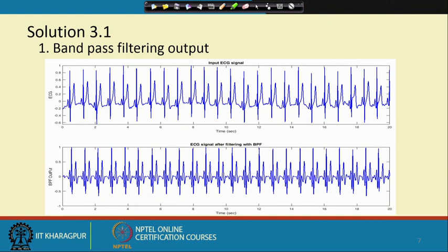Here at the top we are getting the signal ECG 3, and below we get the band pass filter output.